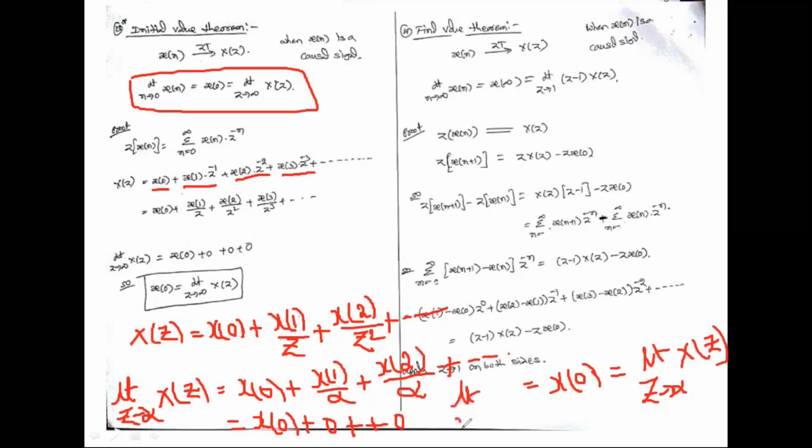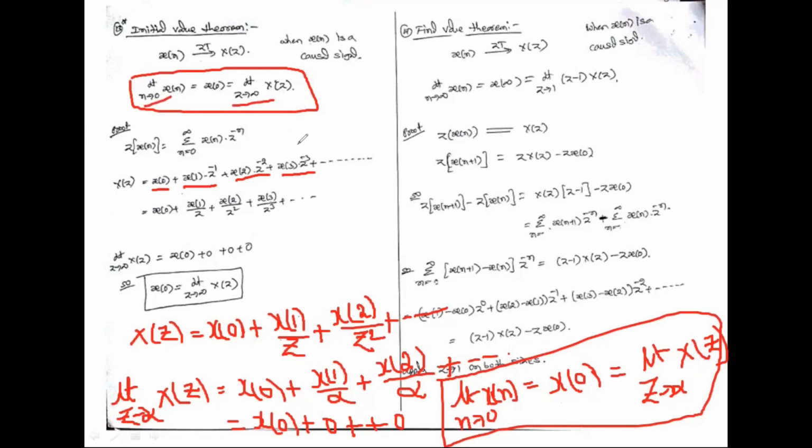Apply the limit n tends to 0 x of n. Only the one value here. Limit n tends to 0 x of n is equal to x of 0, that is equal to limit z tends to infinite x of z. That is what the initial value theorem states: n is equal to 0 to z is equal to infinite.